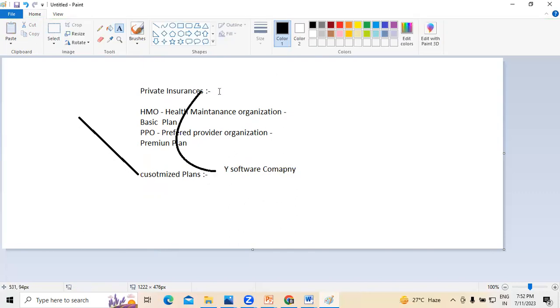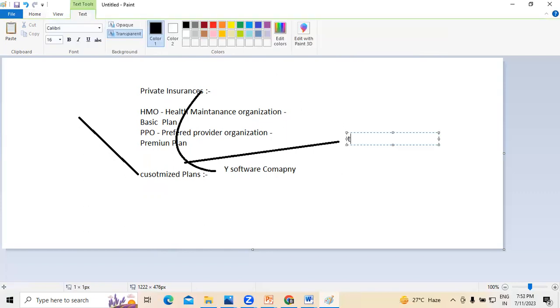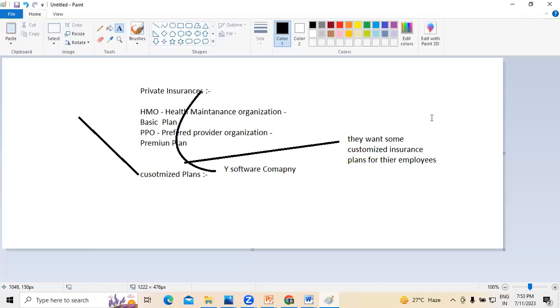For what purpose? Because they want some kind of customized plan. They want customized health insurance plans for their employees. Understood? Following or not?